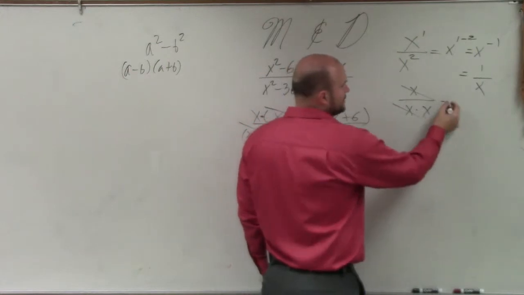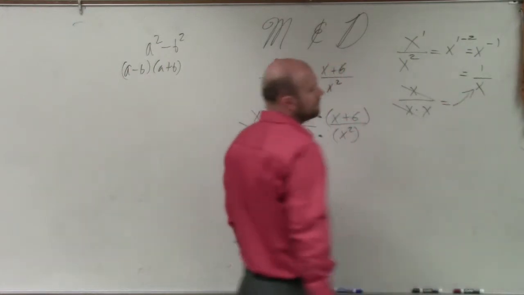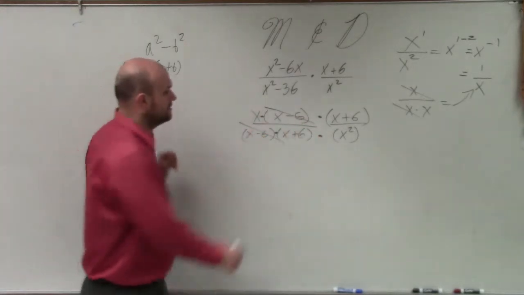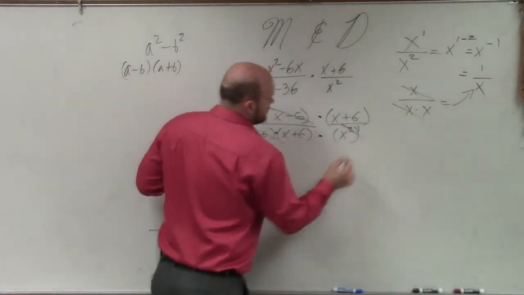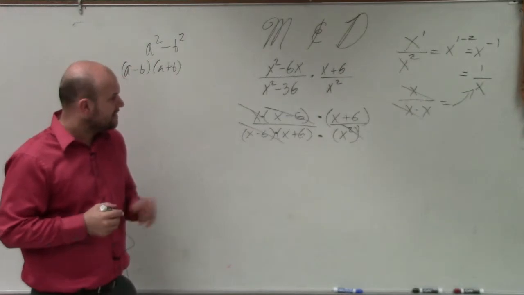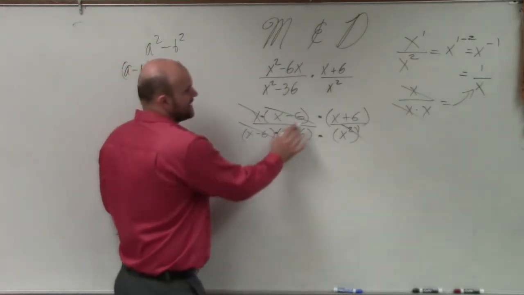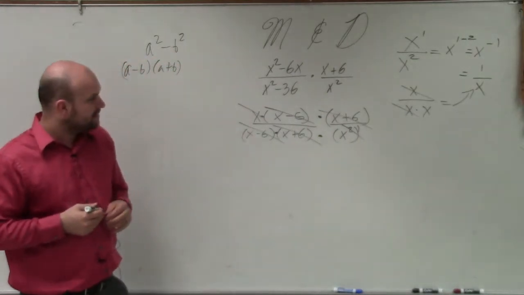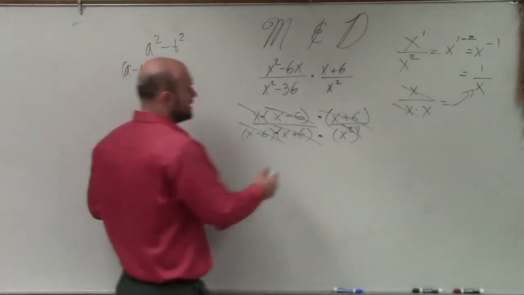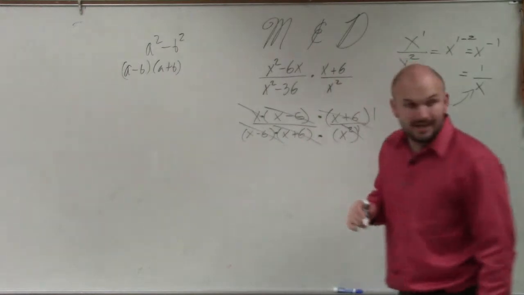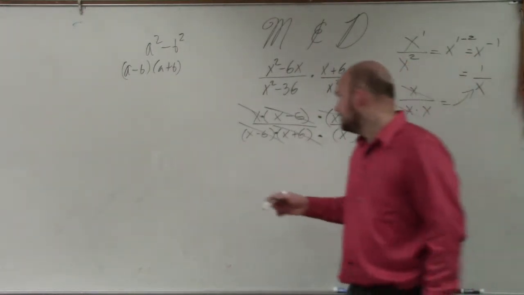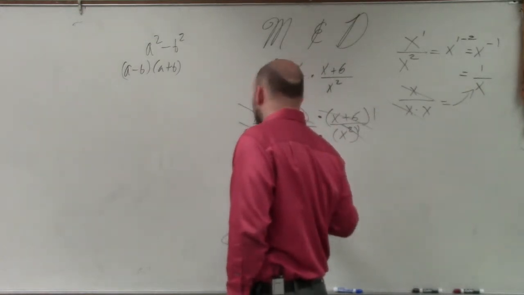Those divide to 1. You're just left with 1 over x. So if I have an x and this x squared, I divide that out into x. Then you can also see my x plus 6 and my x plus 6, those divide to 1 as well. So now the only thing left on my numerator is 1. The only thing left in my denominator is an x to the first power. So my final answer is 1 over x.